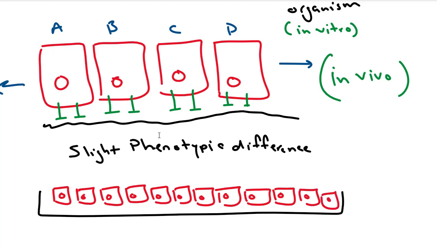And those same proteins that are binding them to the basement membrane, just to make sure that we know this is the basement membrane, those same proteins will bind them to the bottom of the dish.